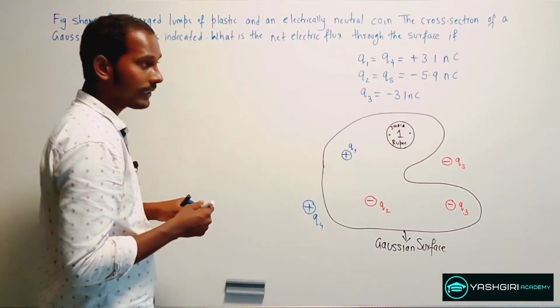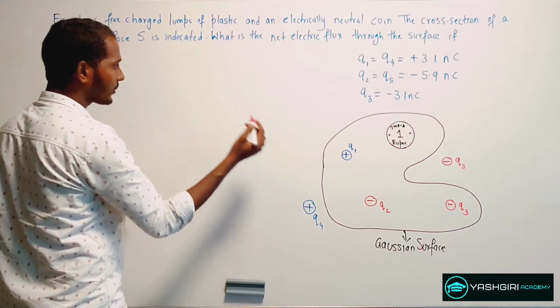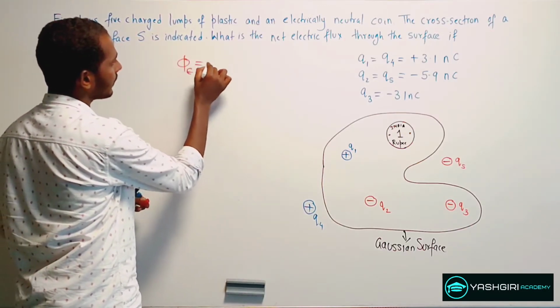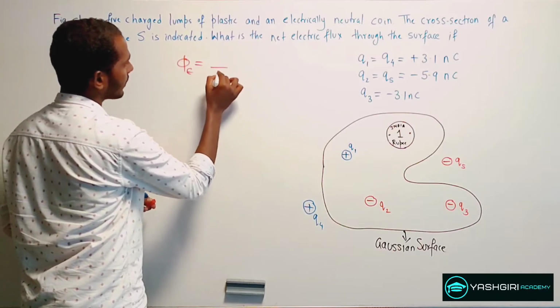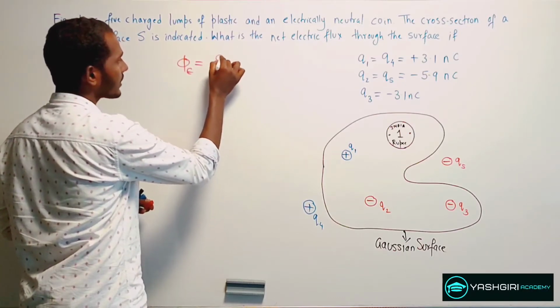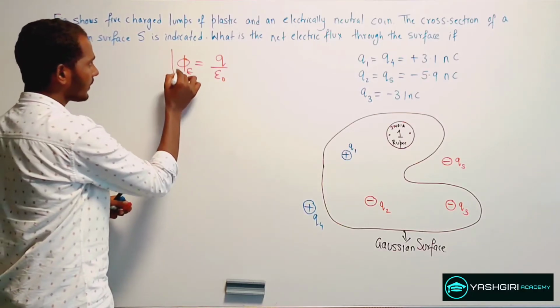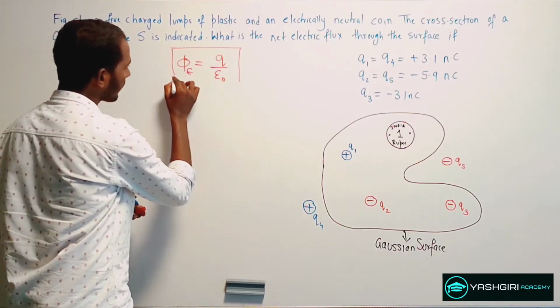So to calculate the electric flux through the Gaussian surface, we know phi of E is equal to 1 over epsilon naught times the total charge enclosed in that Gaussian surface. So this is the main formula.